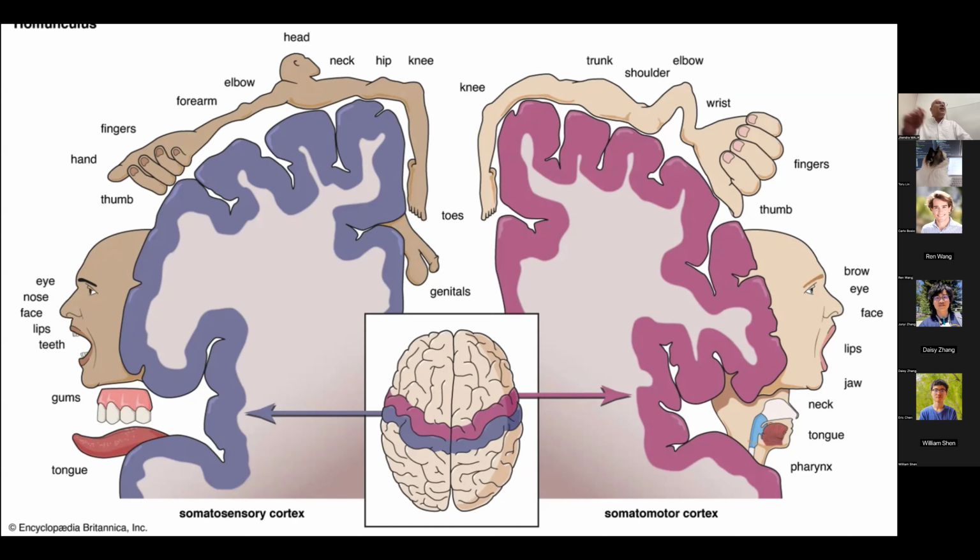So this is on the sensory side, and this is on the motor side. On the motor side, this is what neurons are activating when they are firing, then some finger moves or something like that, or your elbow joint changes from flexion to extension.